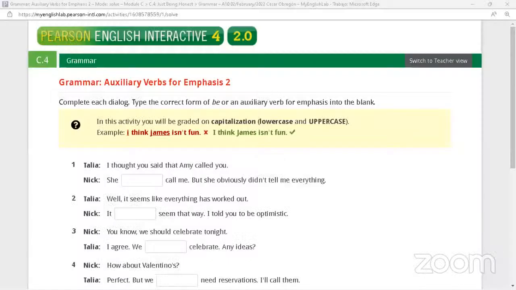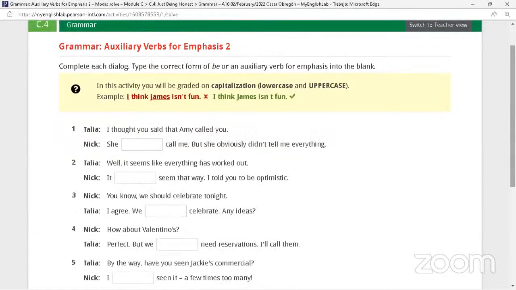So auxiliary verbs for emphasis: complete each dialogue, type the correct form of be or an auxiliary verb for emphasis into the blank. I thought you said that Amy called. She does call me, but she obviously didn't tell me everything. Would that be in the present or something that already happened?